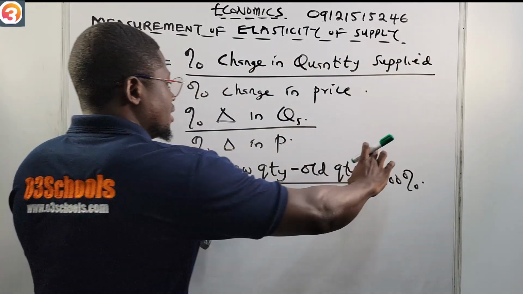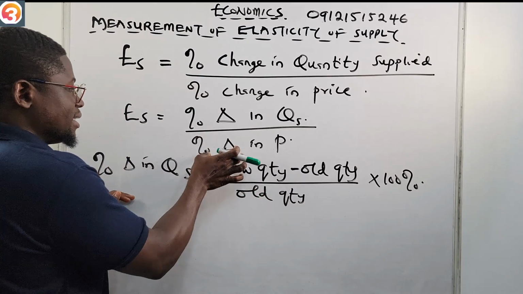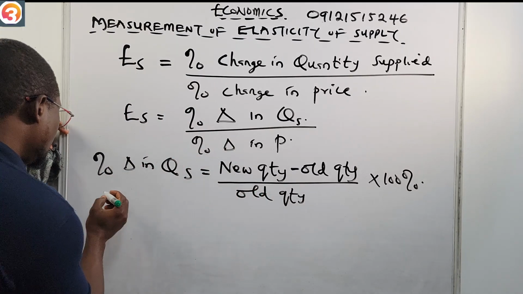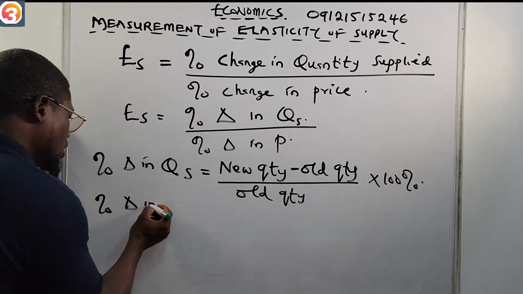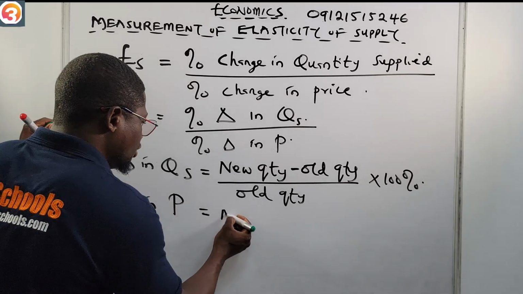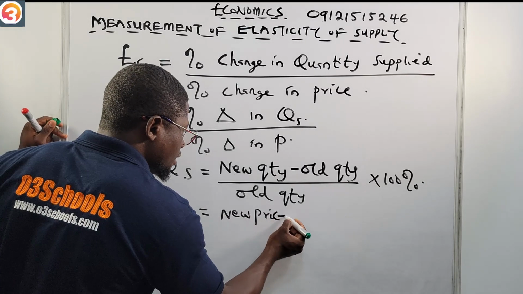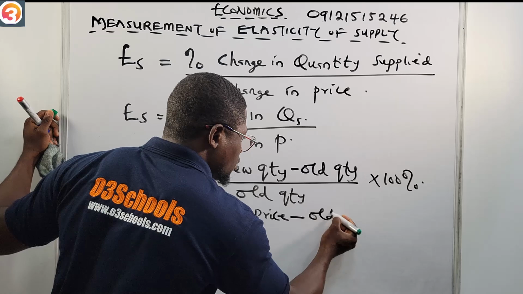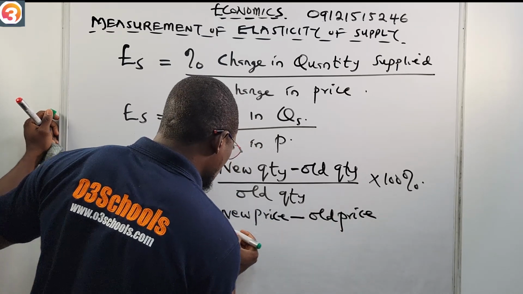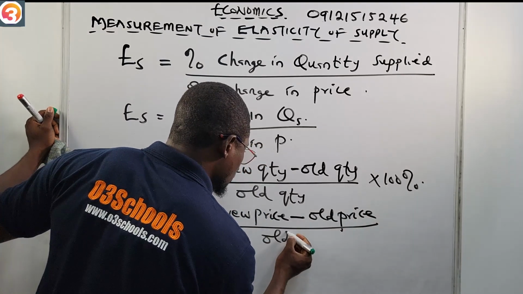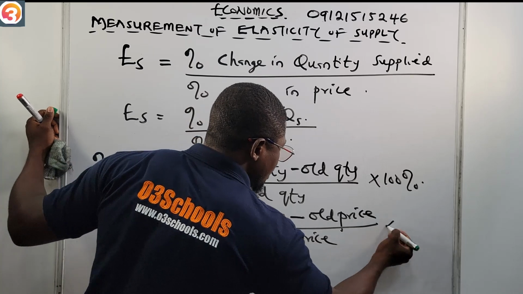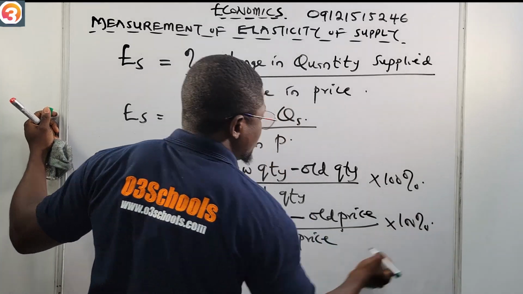So if you calculate this, and then you calculate percentage change in price, which is new price minus old price all over old price, then times 100%.